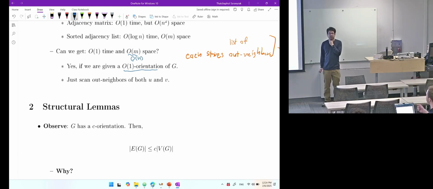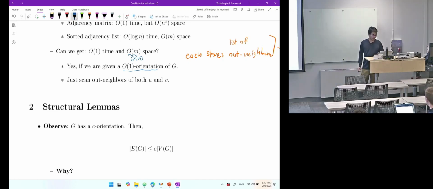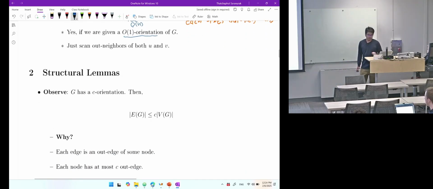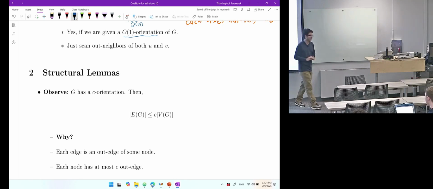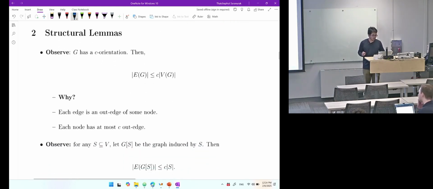And so if each node has a maximum of C, then that would be at most C times the number of nodes. Exactly. Each edge is an out edge for some node, but each node has at most C out edges. So the number of edges is at most C times the number of nodes. Okay, good. That's simple.